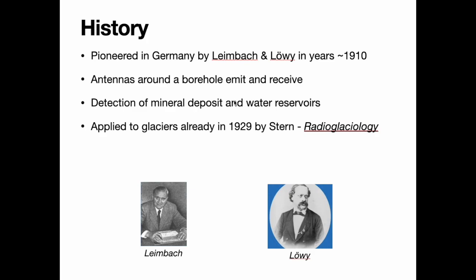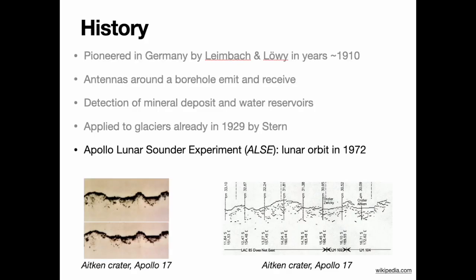Then close to the 1930s, Stern introduced radioglaciology, so basically took the Georadar onto the glaciers, and this led to the development of an entire research field to study the structure of ice.